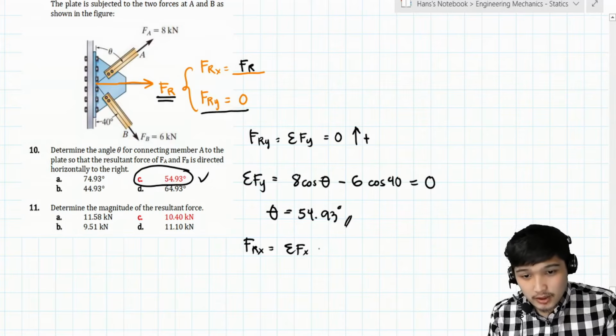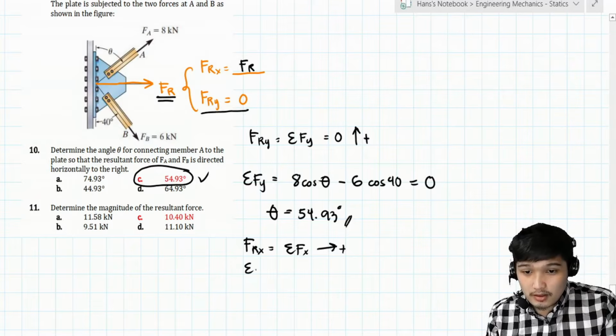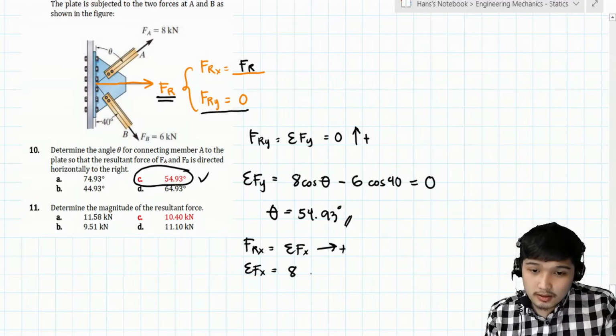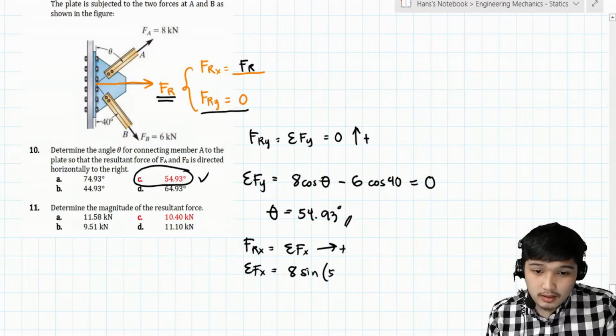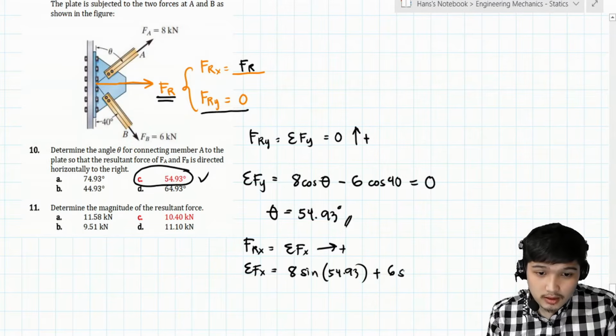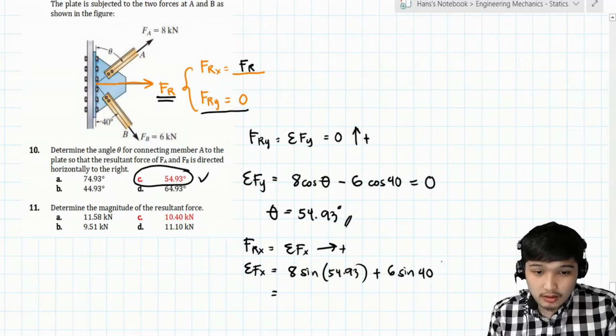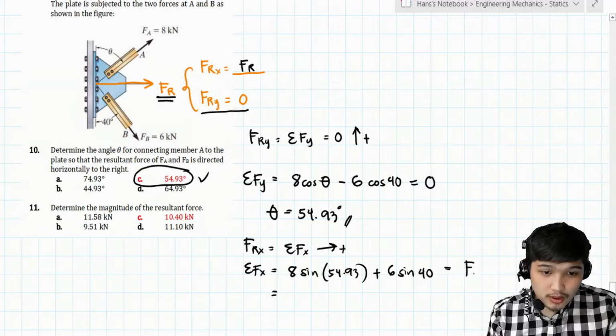So FRX is just simply the summation ng lahat ng forces along X. Okay? So consider natin forces to the right positive. So, summation ng forces along X equals 8 sine of theta, wherein yung theta is 54.93. And then yung FB is towards the positive direction din siya. So, plus 6 sine of 40. Okay, so whatever the value of this one, corresponds na rin dun sa resultant force FR.